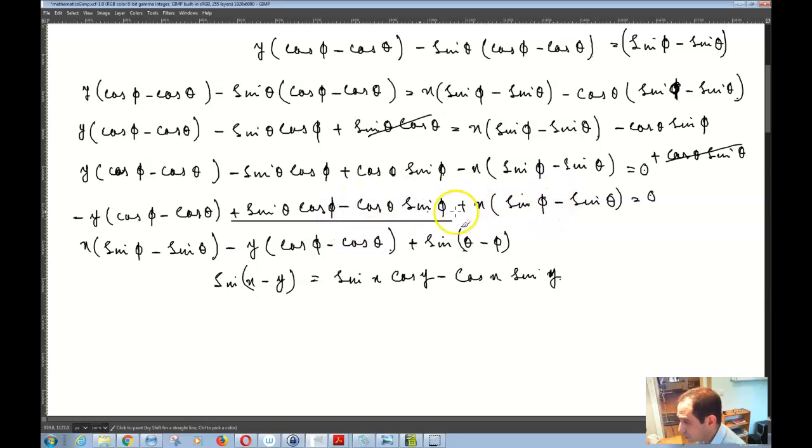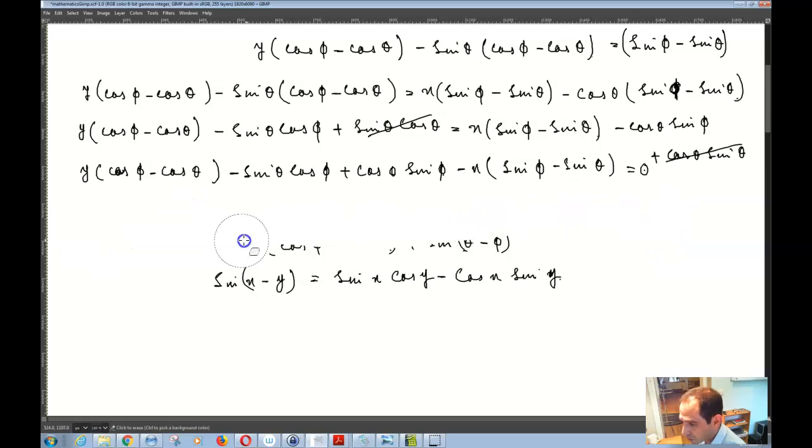Otherwise I wouldn't do this. So now I'm going to just erase all of this and use this as it is. I'm not going to multiply it by anything.